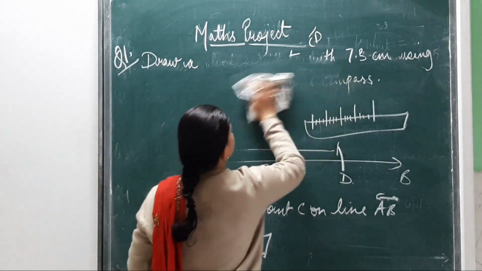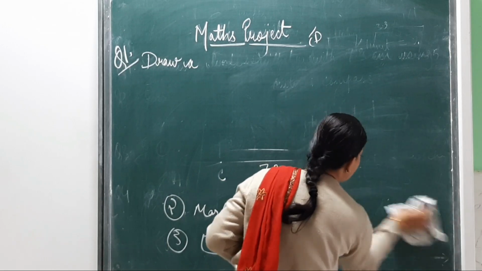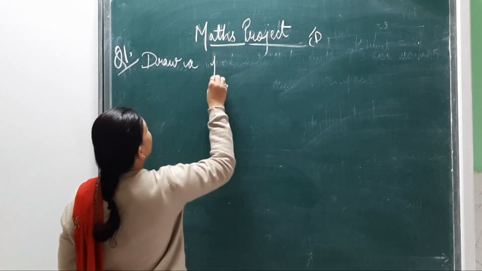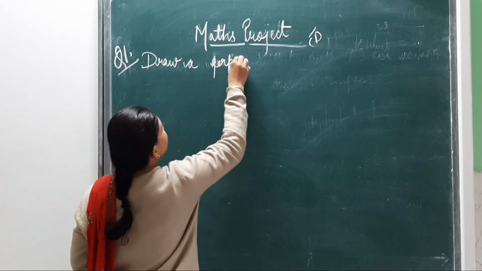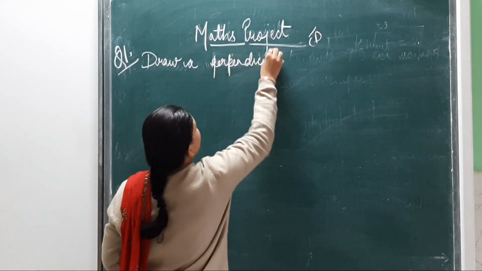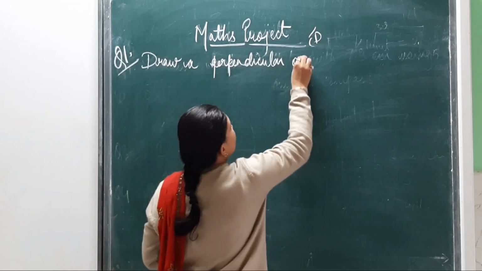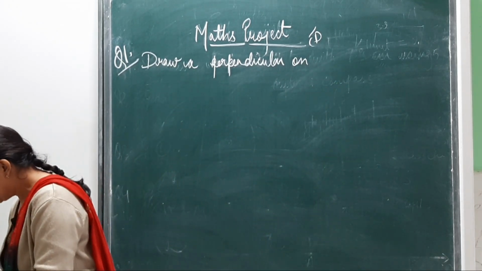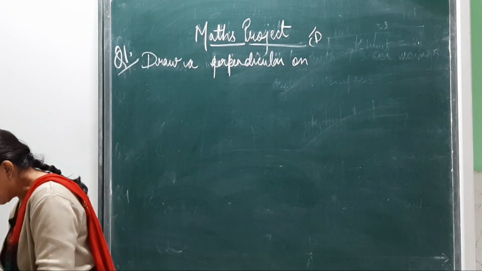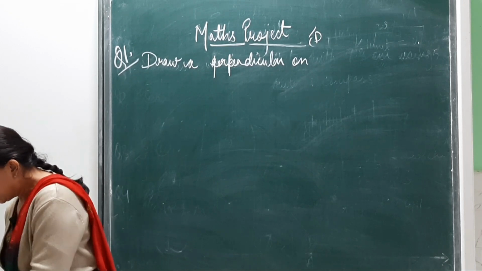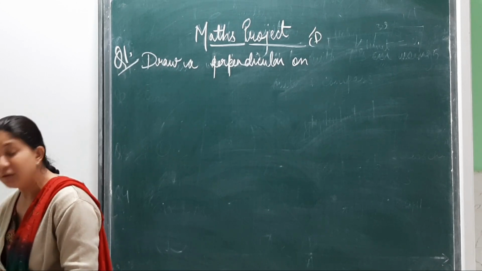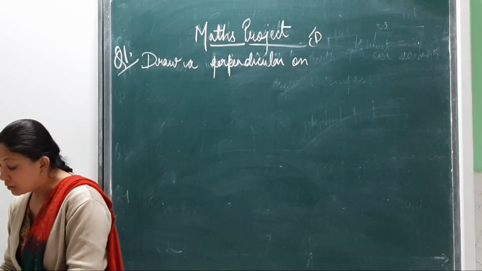Now the third question is, you will draw a perpendicular. Write down, draw a perpendicular on a line. I will write down the question from the book. This is from the chapter on geometry. Wait, because I will draw a perpendicular where the point should be on that line.